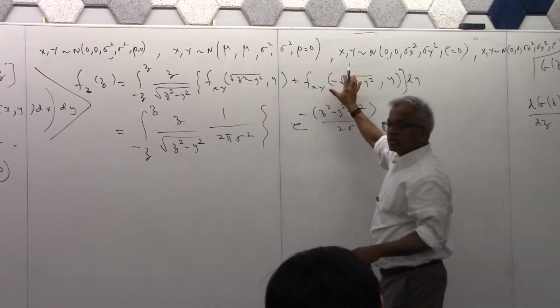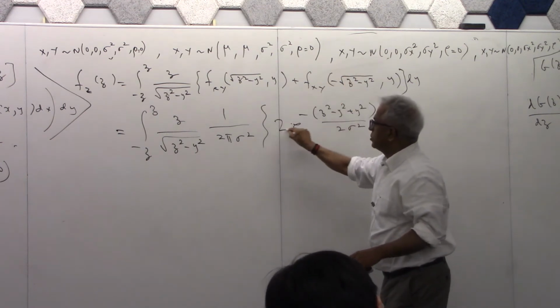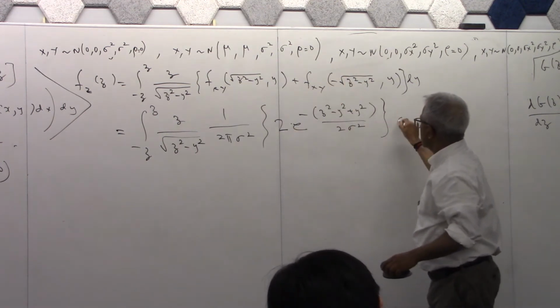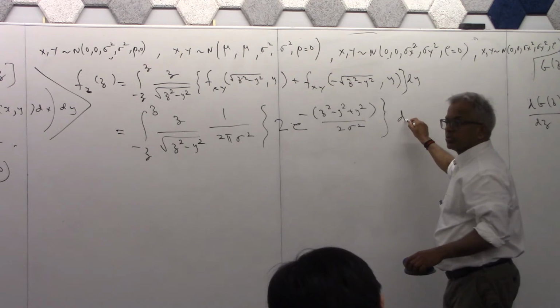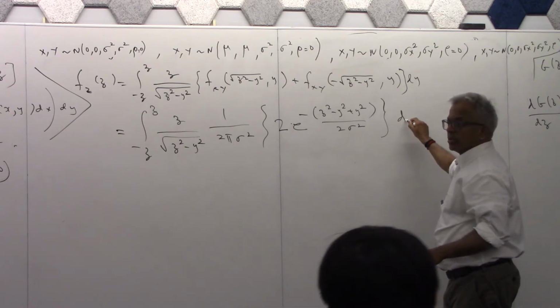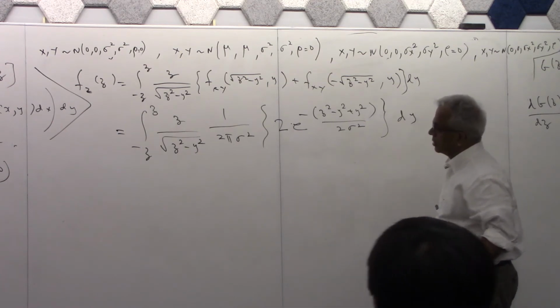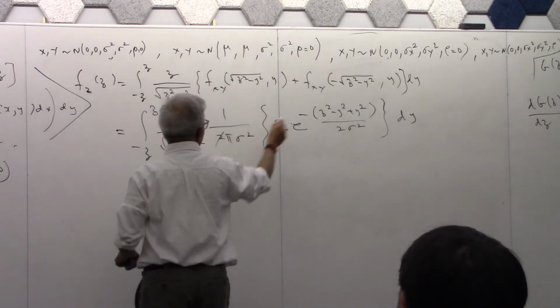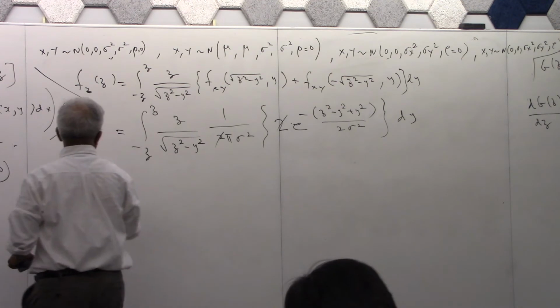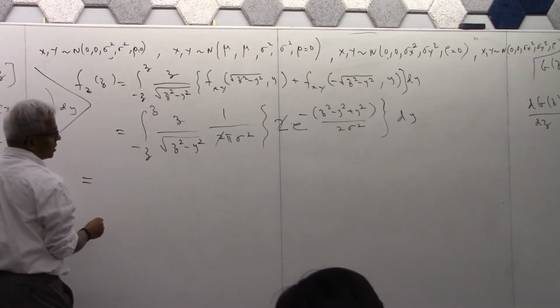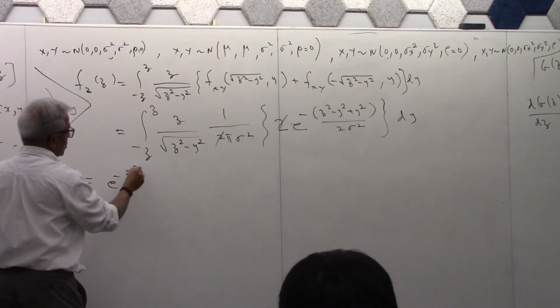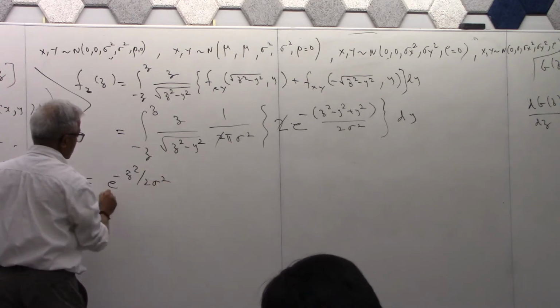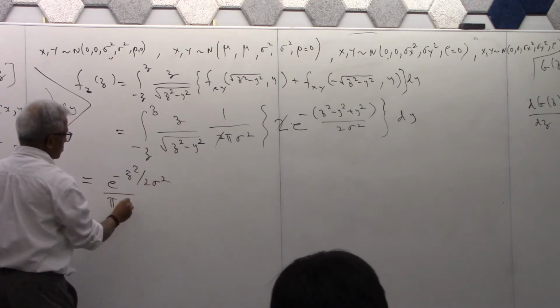Exactly the same thing here, so I can multiply this by 2, yes? Integration is with respect to dy, right? So y goes out, so I pull this outside. The 2 cancels. So you have e raised to minus z squared by 2 sigma squared outside, with a pi sigma squared outside.